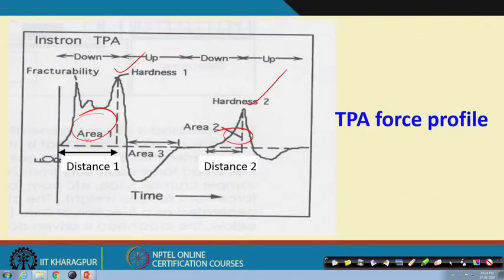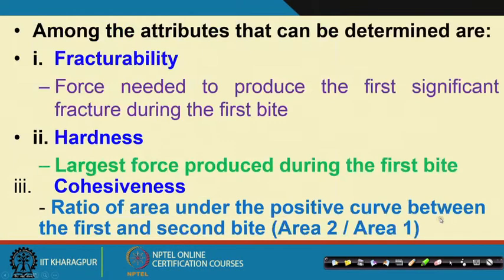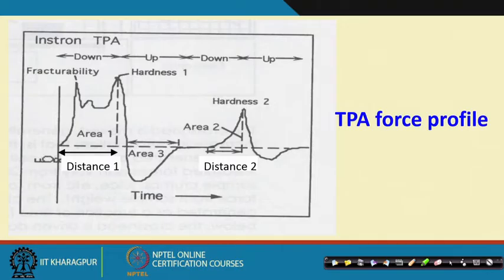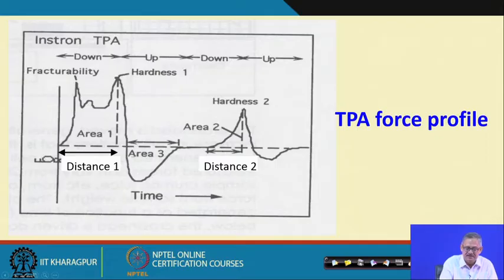This ratio of area A2 by area A1 is the cohesiveness. I go back because it is becoming difficult: these are the areas we remember, A1 this, A2 this and A3 this.